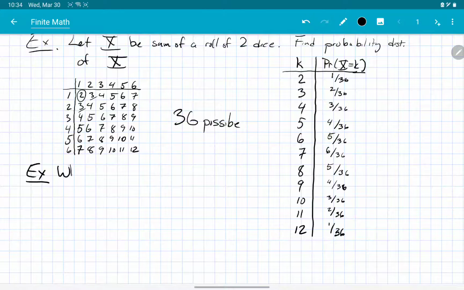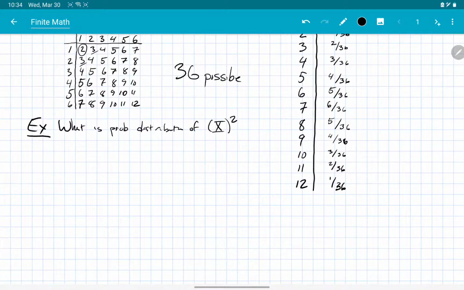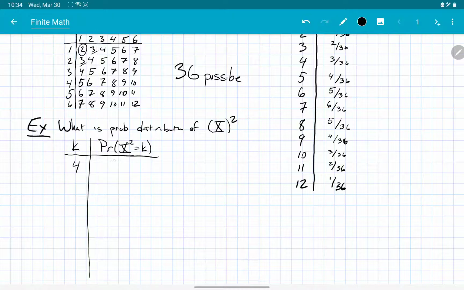Now we could say, what is the probability distribution of X squared? We want to know what's the probability distribution for the square of the sum of 2 dice. Okay, so here we have K, and then we have the probability of X squared equaling K. Okay, 4 is the smallest possible square we can get, and that happens when we get 2.